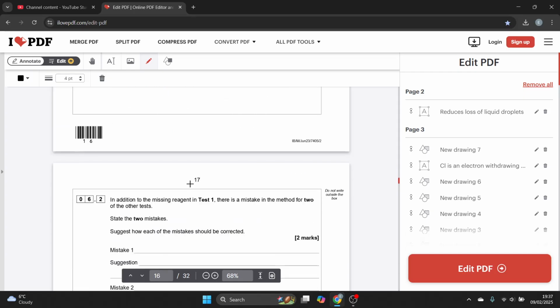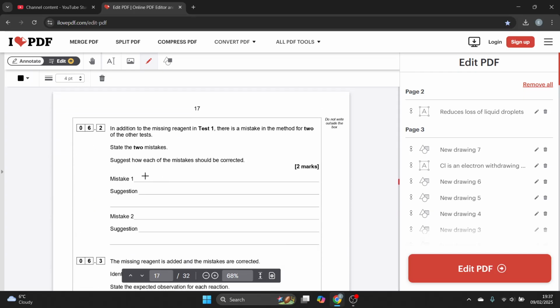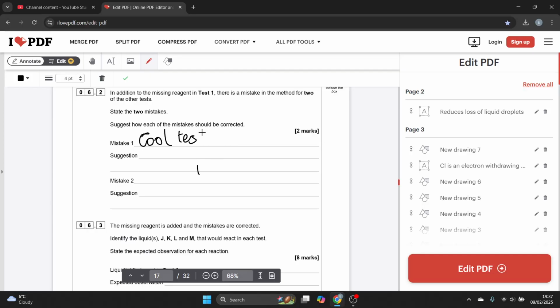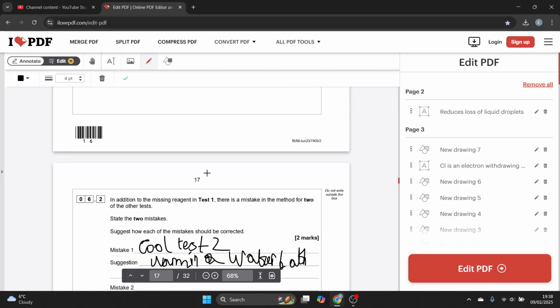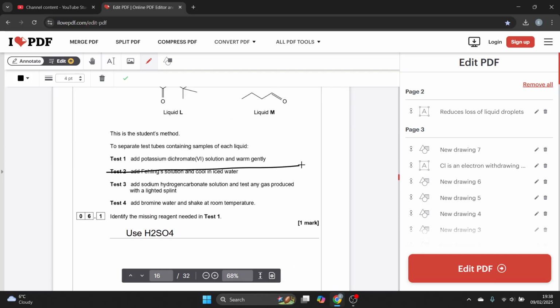And cool in ice water? No. Test 2, when do we ever cool it? We warm it in a water bath. That's mistake 1.